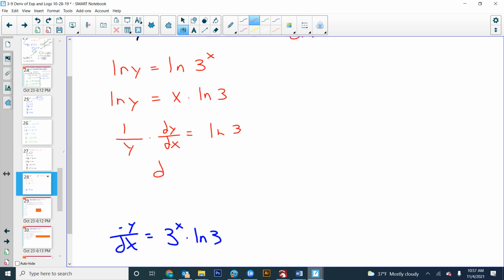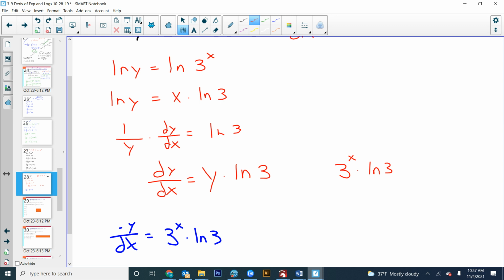Maybe you wouldn't have gotten it right. All right, boom, roasted. dy dx, y times ln 3, and what is y? 3 to the x, ln 3. Here's the skinny. It was an a to the u rule. But if you did logarithmic differentiation, should you get it right?